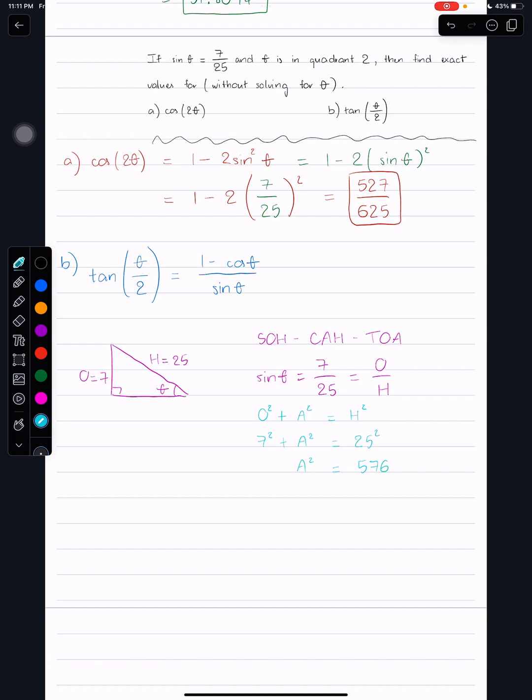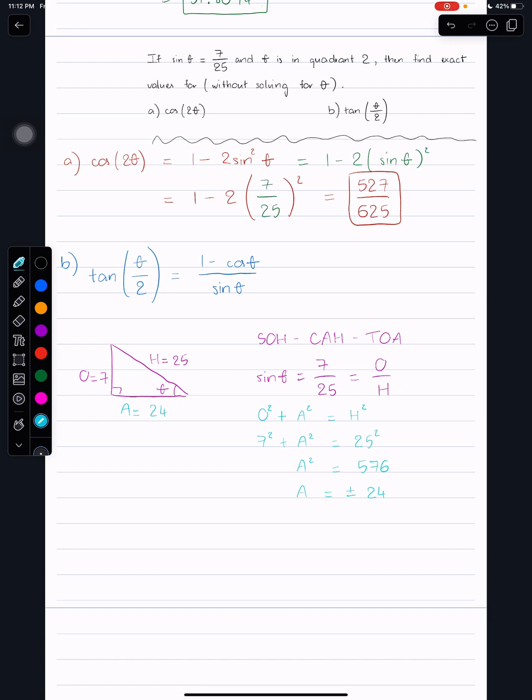You're going to take the square root of both sides, and you have two options. So now you're going to ask yourself whether A, the adjacent side, equals positive 24 or negative 24. So I'm going to put plus minus in here because we have two options. The value of the adjacent side would be 24, but as for the sign of it, we don't know yet, okay?